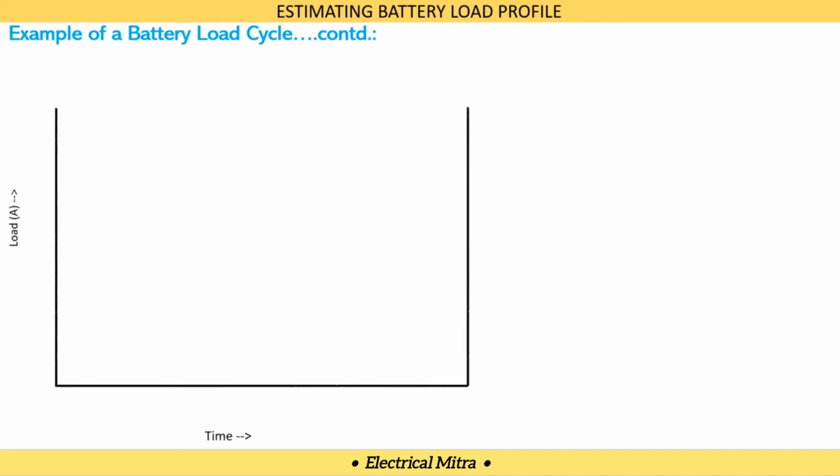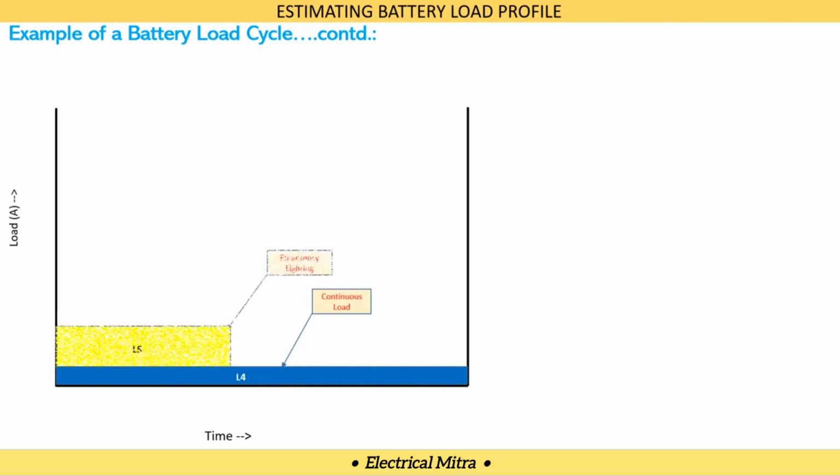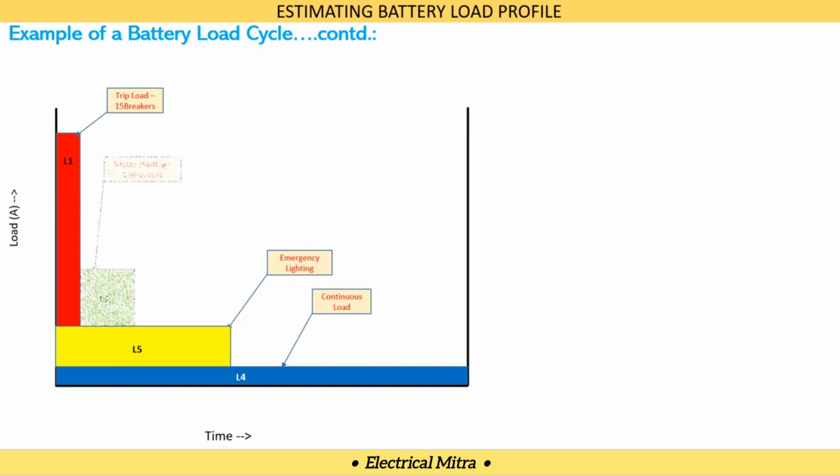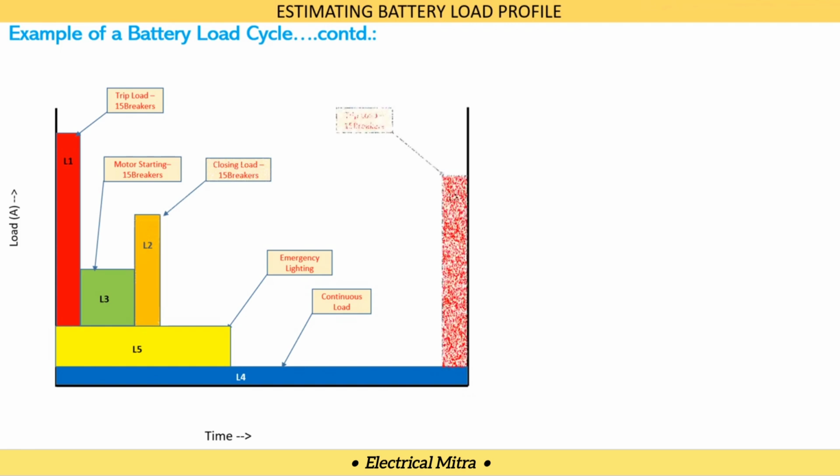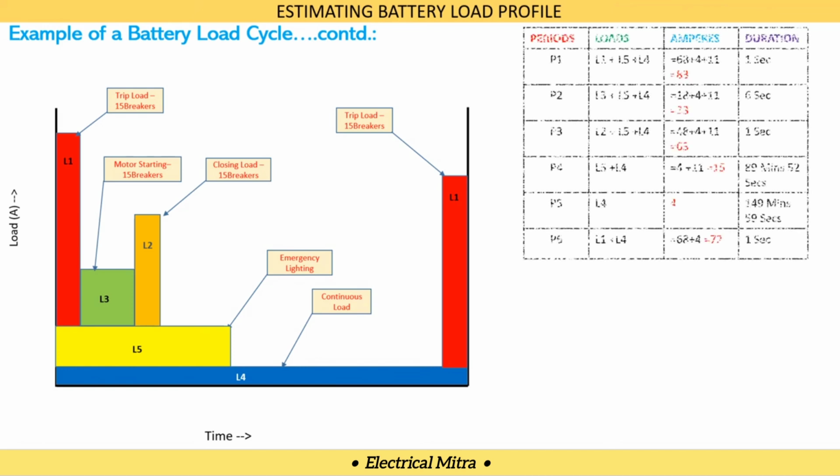Once the individual loads have been calculated, we can compile these loads in a graphical form as per the sequence of operation discussed earlier. We can also tabulate the loads to depict the total load at any given instant in a battery load cycle. The battery load cycle is divided into various periods, where period is the portion of the load cycle with constant load.